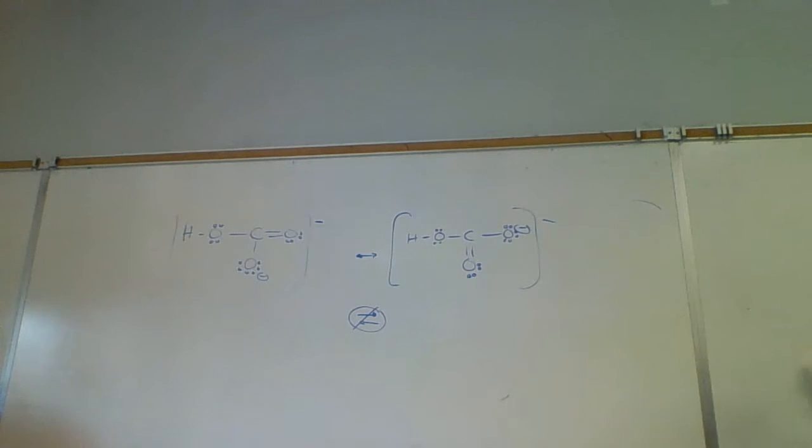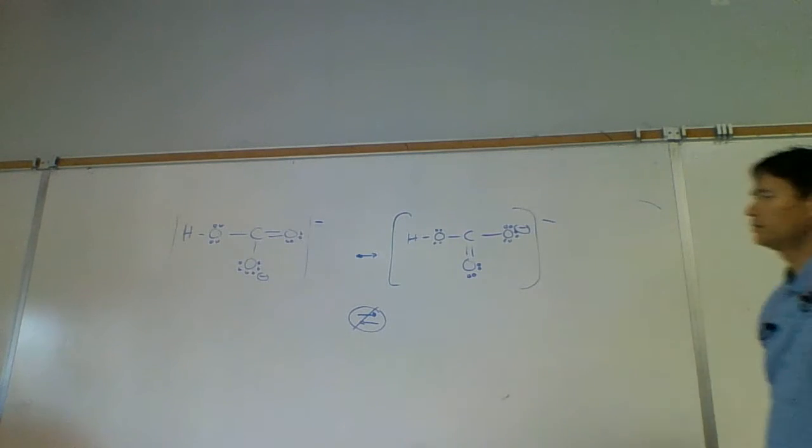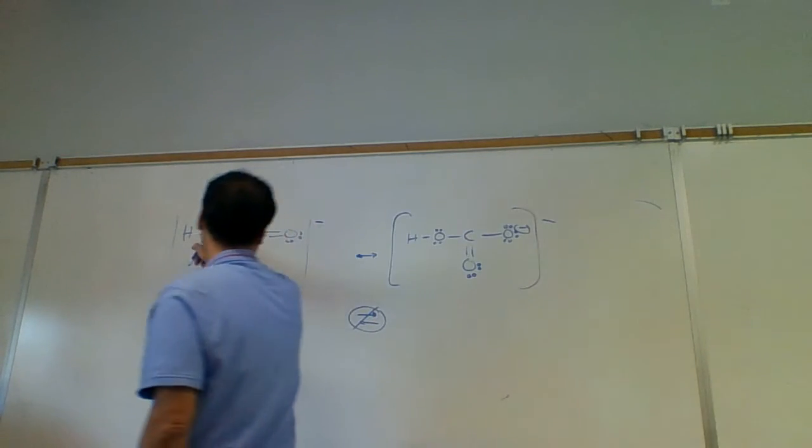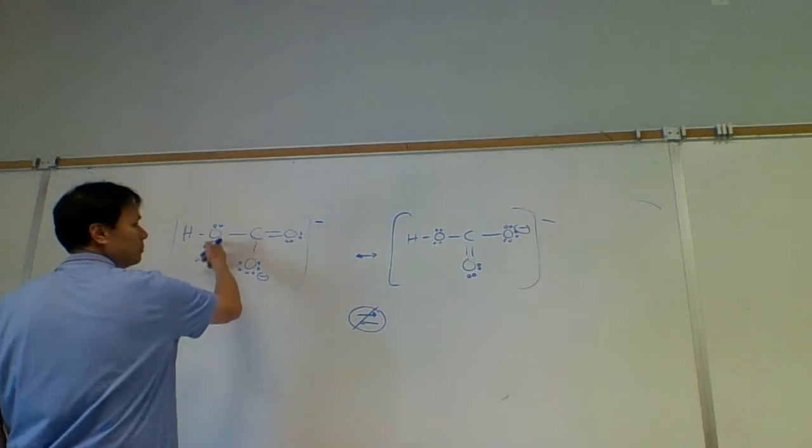When we average these two, we come up with a hybrid structure. The hybrid structure is like a structure that's halfway between these two, a 50-50 mix of those two. Most of this molecule just stays the same. What's fixed are the single bonds to all of these, and the two lone pairs on this oxygen.